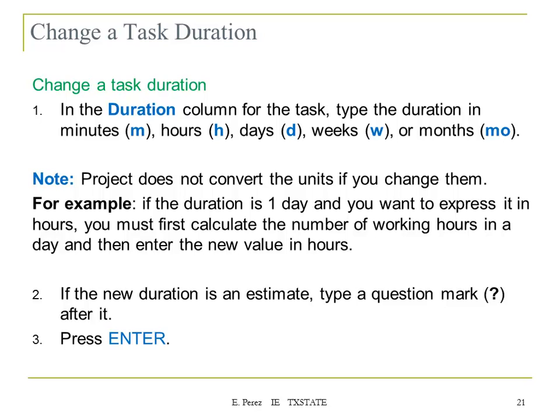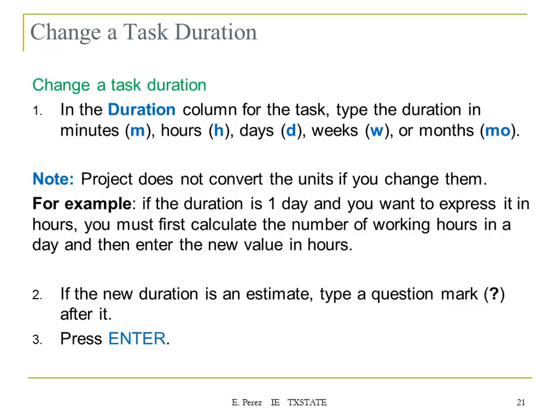In the duration column for the task, you can enter the duration in minutes, hours, days, weeks, or months. You can establish any type of duration using those units. But note that Project does not convert the units if you change them.